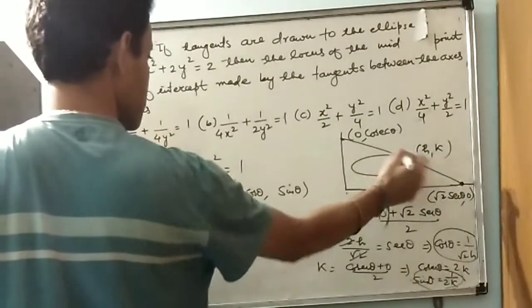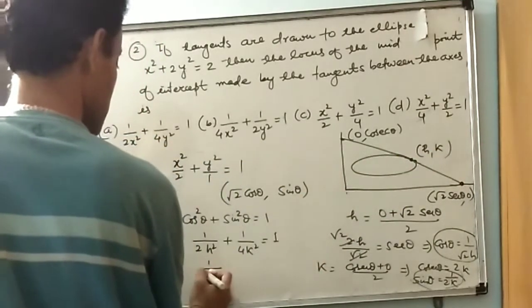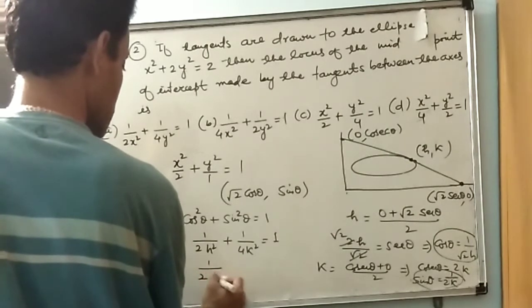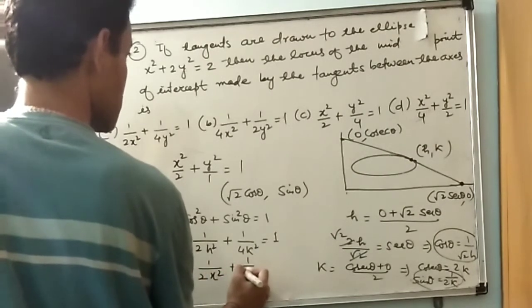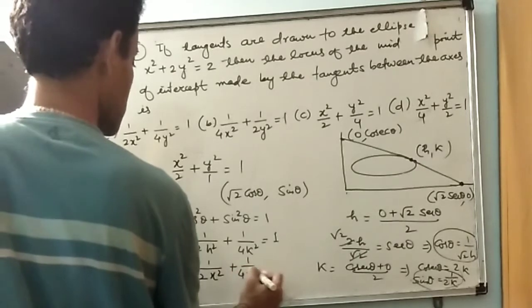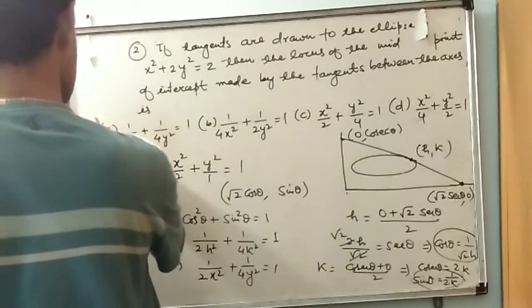It's a moving point, and that is how we basically represent locus. So 1 upon 2x square plus 1 upon 4y square is equal to 1, which is option number A.